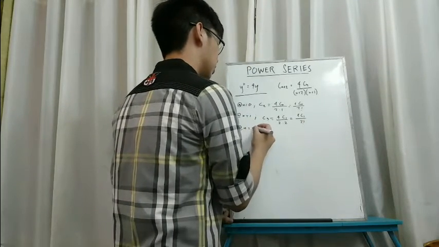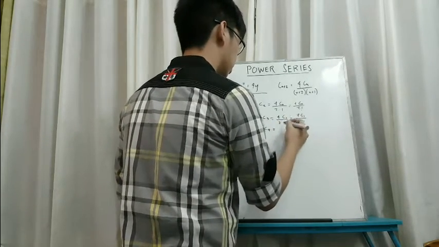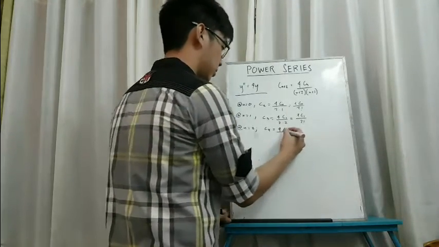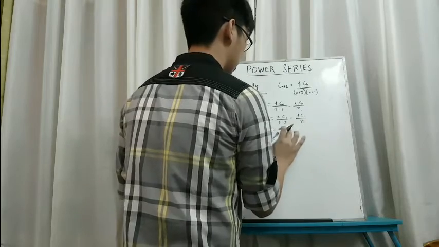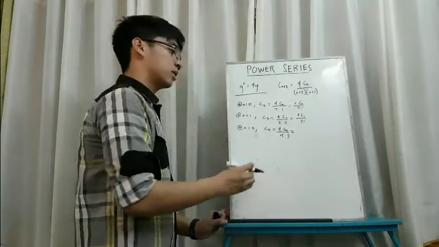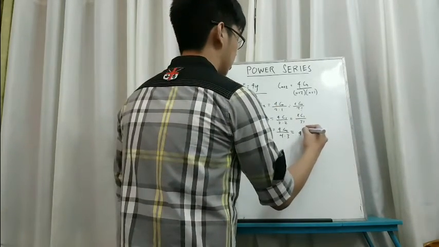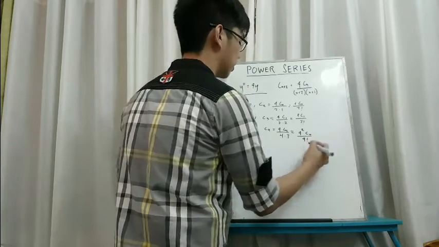At n is equal to 2, C4 is equal to 4 C2 over 4 times 3. Sorry, this should be C2. And C2, as we know, is this, so this is 4 squared C0 over 4 factorial.